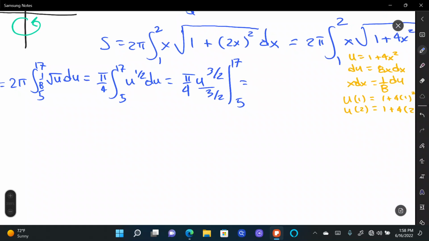Dividing by 3/2 is the same as multiplying by 2/3. 2/3 times 1/4 is 1/6. So pi over 6 times u to the 3/2 from 5 to 17.